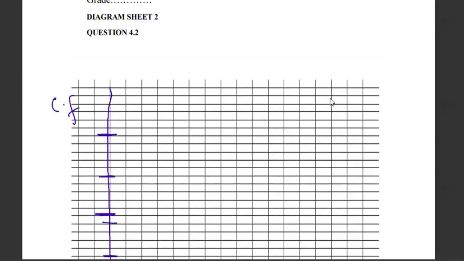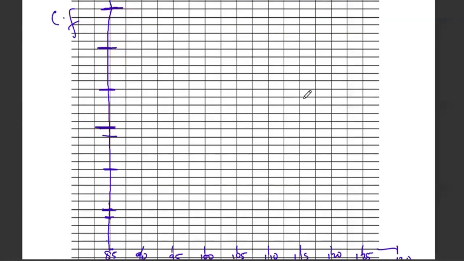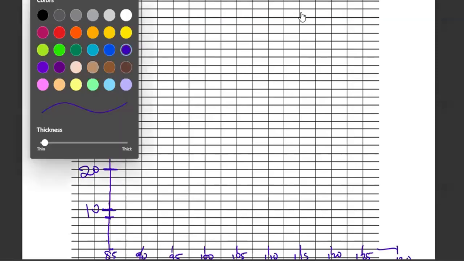Then 1, 2, 3, 4, 5. How many do we have? 1, 2, 3, 4, 5, 6. So I have 6, and I can use 10. Okay, this is a 10. This is a 20, a 30, a 40, a 50, and maybe a 60.